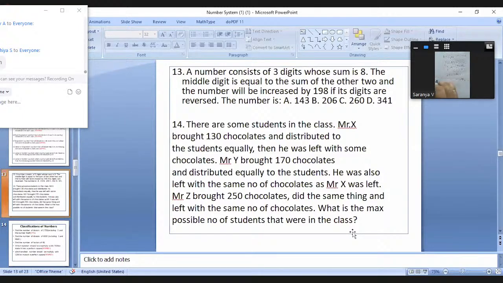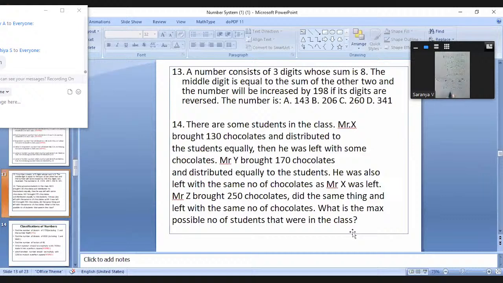So question number 14. The persons are X, Y, Z. X brought 130 chocolates, Y 170 chocolates and Z 250 chocolates.